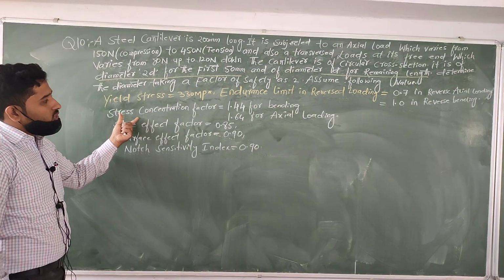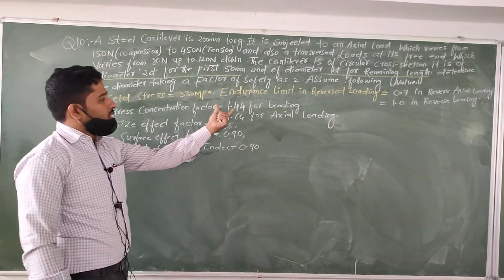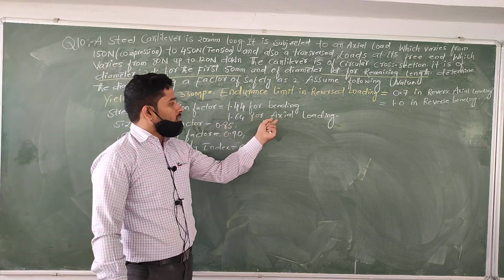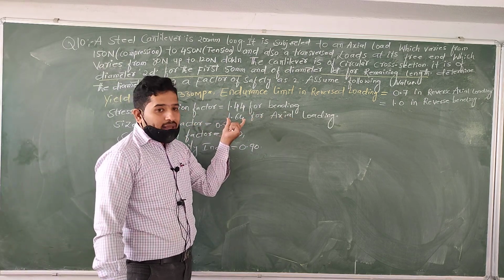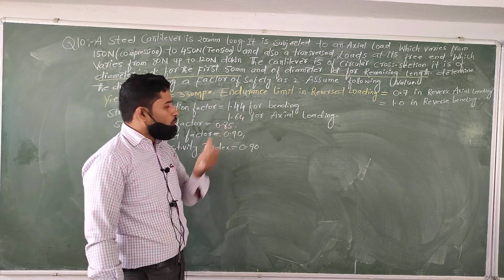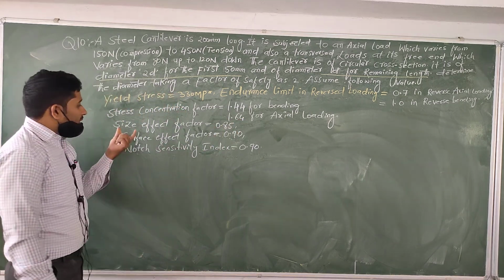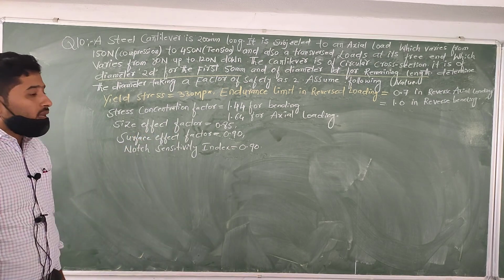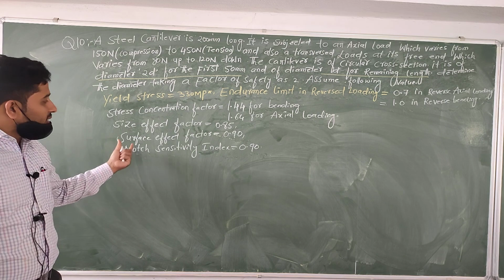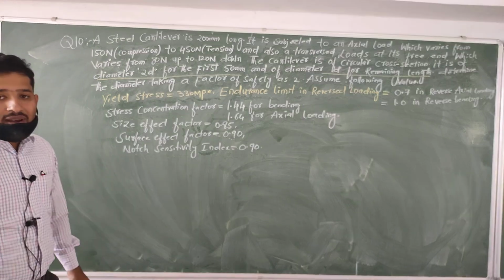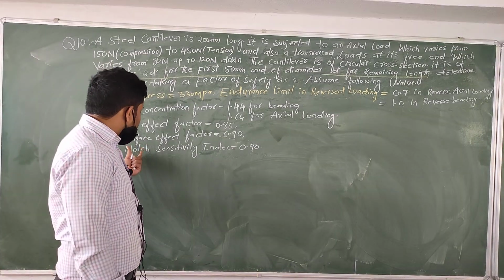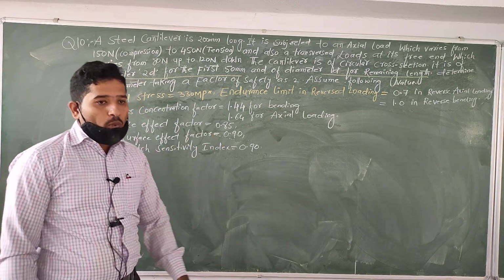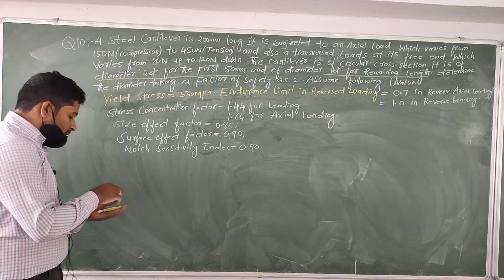The stress concentration factor for bending is given as 1.44, and for axial loading it is 1.64. The size effect factor is 0.85, the surface effect factor is 0.90, and the notch sensitivity, represented by q, is 0.90. Then how to solve the problem?